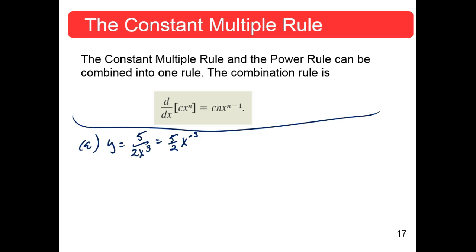That's your rewrite. Now, they put it in parentheses. I don't see why you need to, but you could if you wanted to. Their next step is to differentiate. What is dy dx? Negative 15 halves.